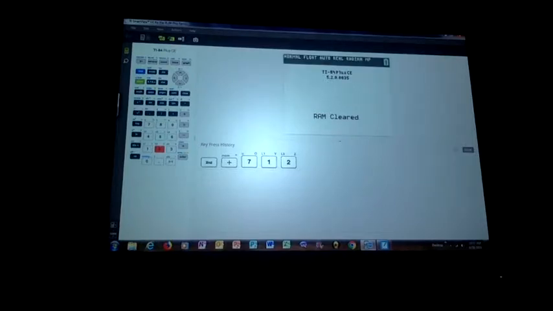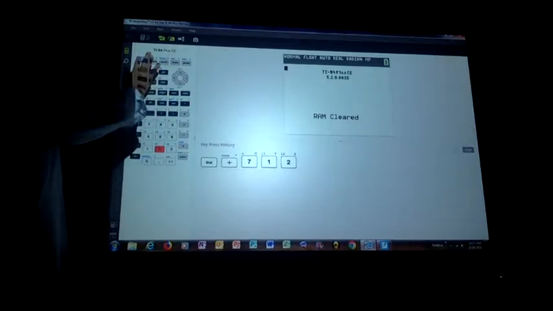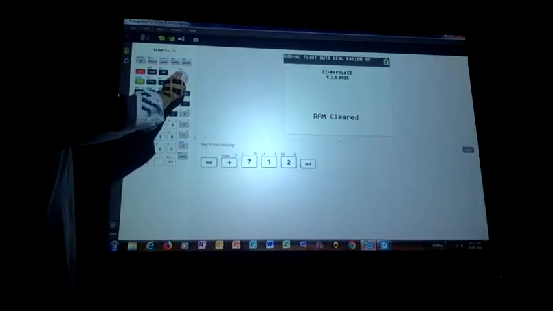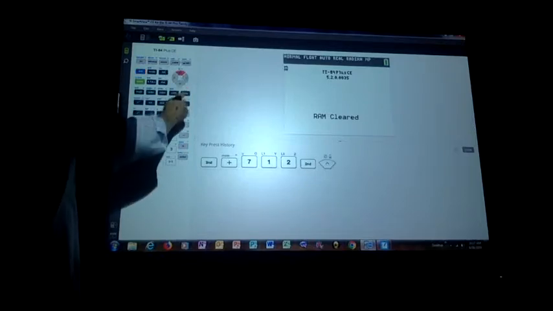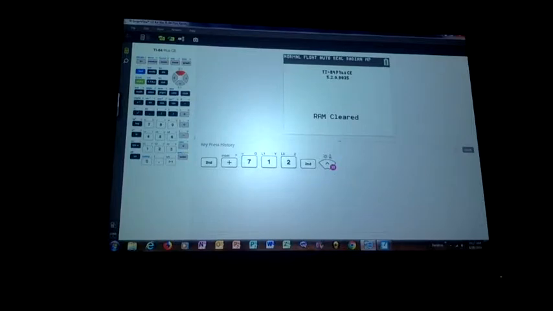Now, sometimes if your batteries are weak, it defaults your screen contrast to a setting of like 5. If you can't really see your screen because it's starting to fade, you go second and hold your up arrow key, and it'll darken up your screen. Mine won't do it because mine's already set.